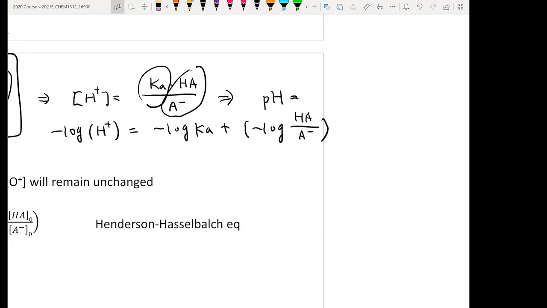On the left-hand side, that is your definition of pH, right? And the negative log of your Ka is the definition of your pKa. So if you expand this, it will be pKa minus log of your acid concentration over your base concentration.